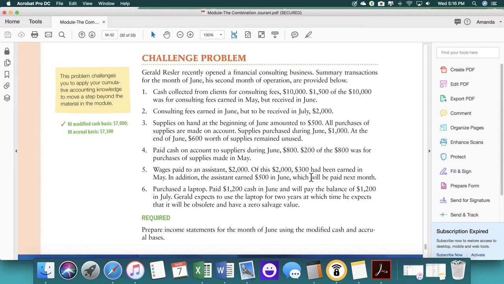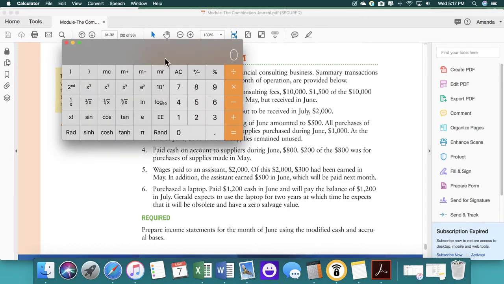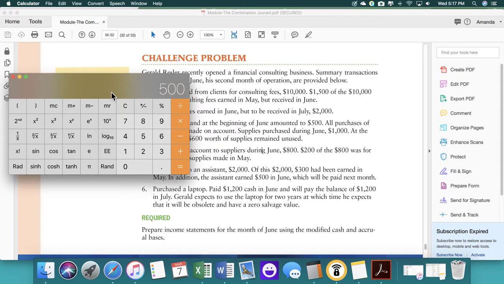So if we work through the modified cash basis first, let's focus on what we're doing. So we have $600 worth of supplies unused, but we've spent, we had $500, we purchased $1,000, and then we have $600 left.